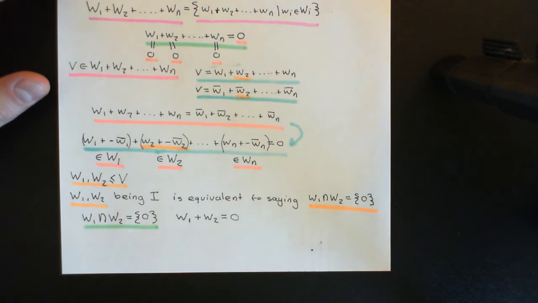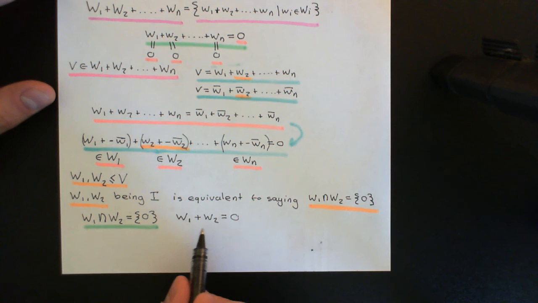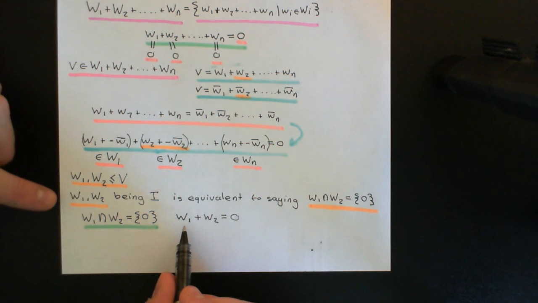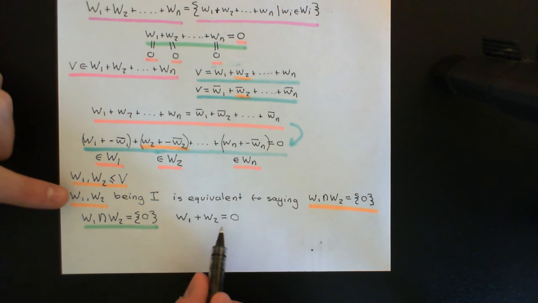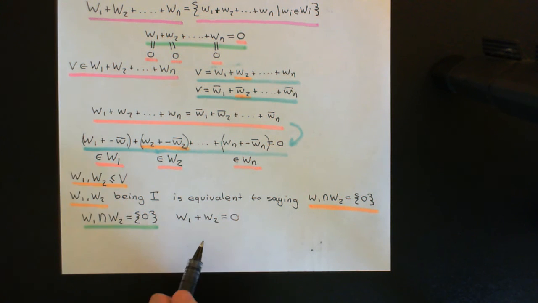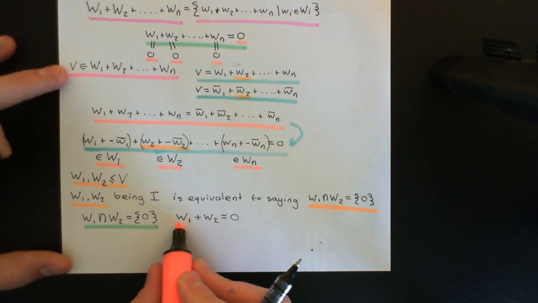I'm going to assume they're not independent, which means there will be a non-trivial combination of an element from capital W1 with an element from capital W2 such that when I sum them together, it gives the zero vector. And I'm going to use that to disprove the fact that their intersection is just the zero vector.